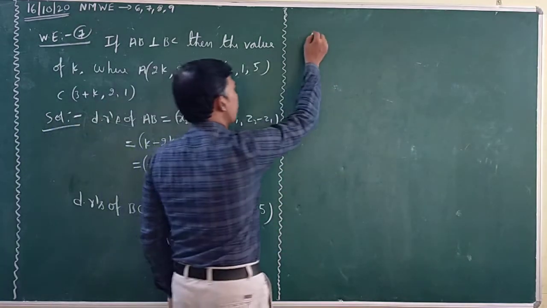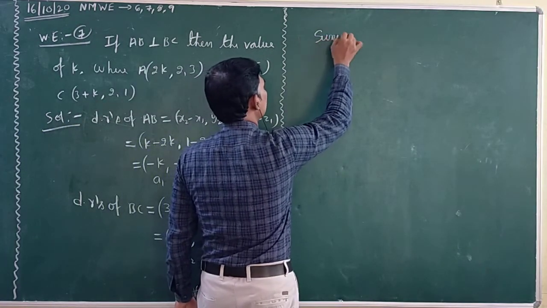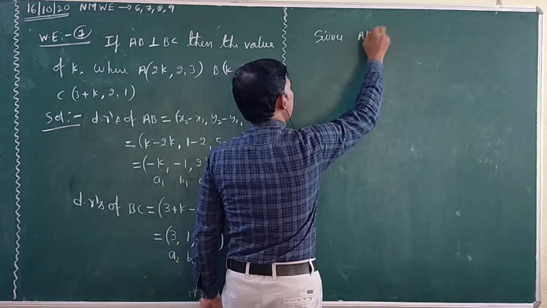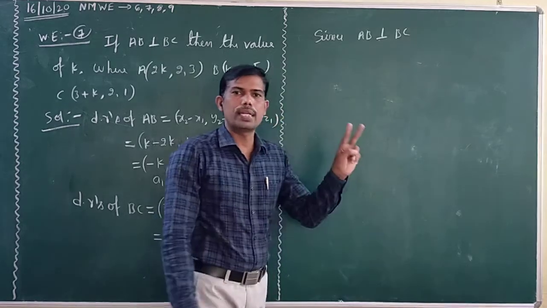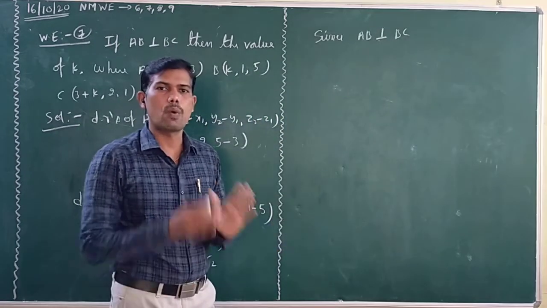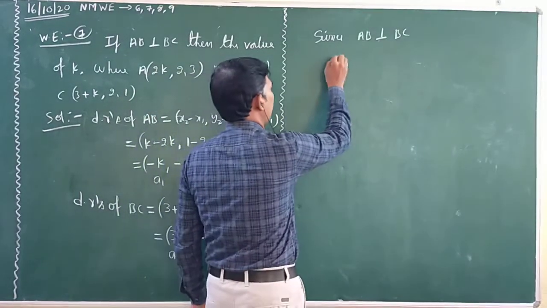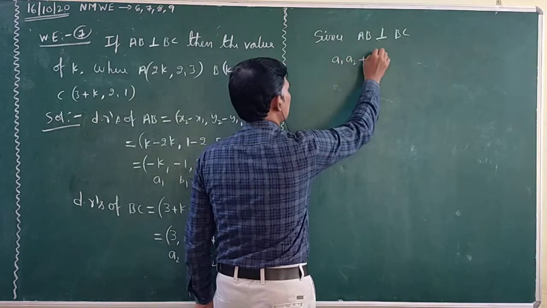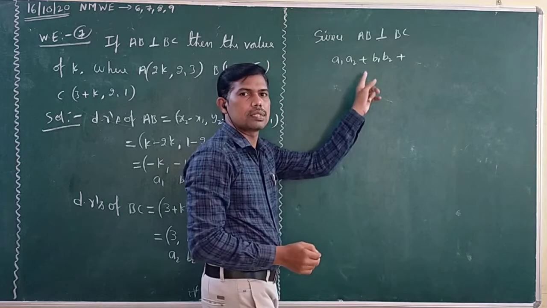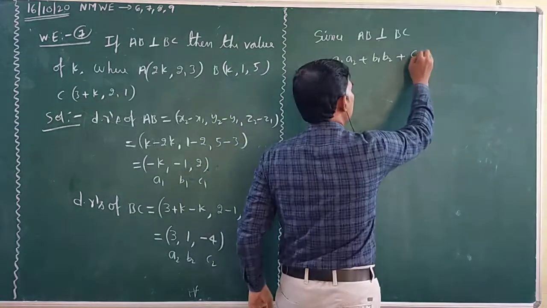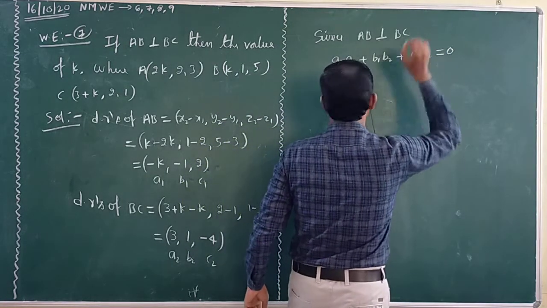Since AB is perpendicular to BC, two lines are perpendicular, then what is the condition? A1 A2 plus B1 B2 plus C1 C2 is equal to 0.